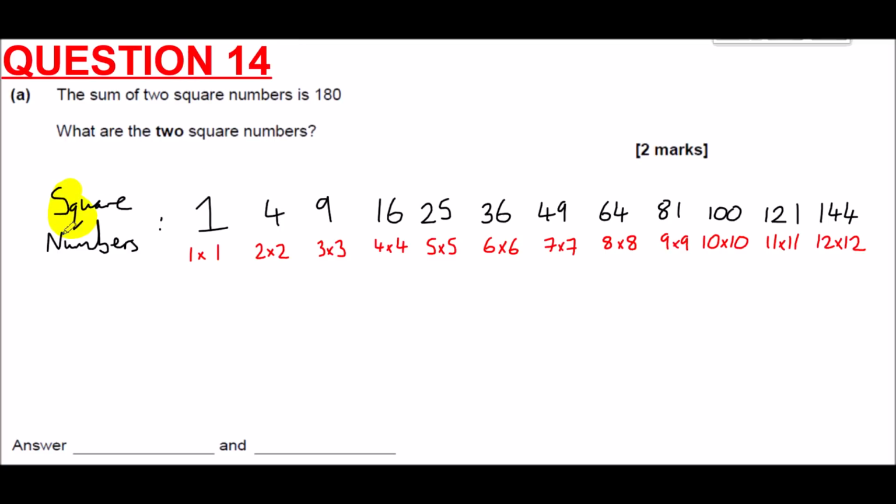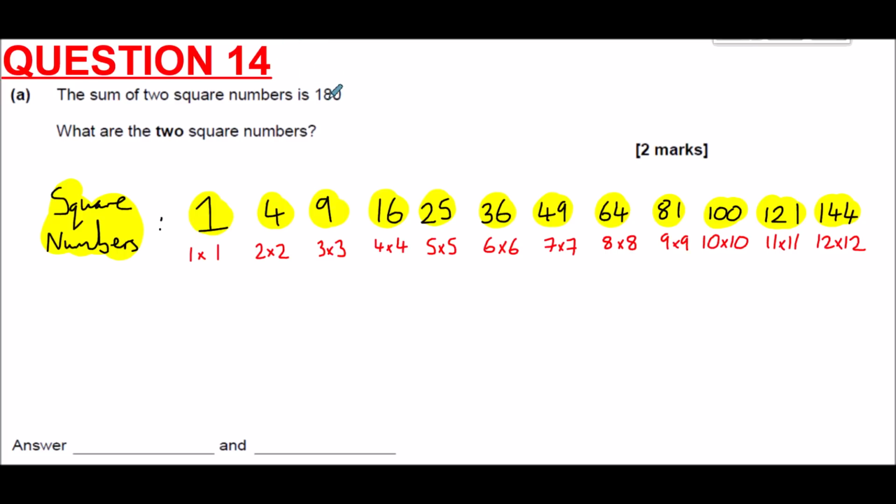And so the square numbers are just these numbers I wrote here. What we need to do is find two numbers from this list, if we can, that add up to 180. Sum means added up. So let's see if we can spot these numbers.